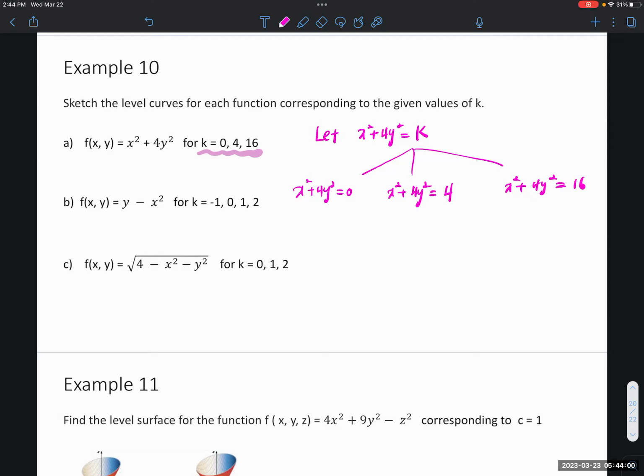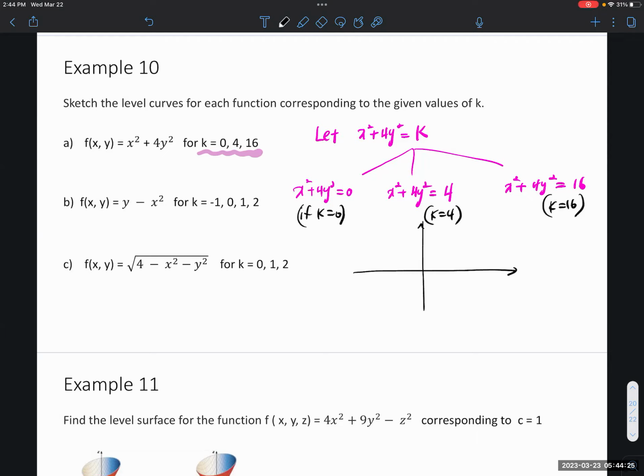It's going to be an ellipse though. So if you draw the image, you can draw the first one if k equal to 0. This is when k equal to 4, right? This is k equal to 16. So this is an ellipse equation.